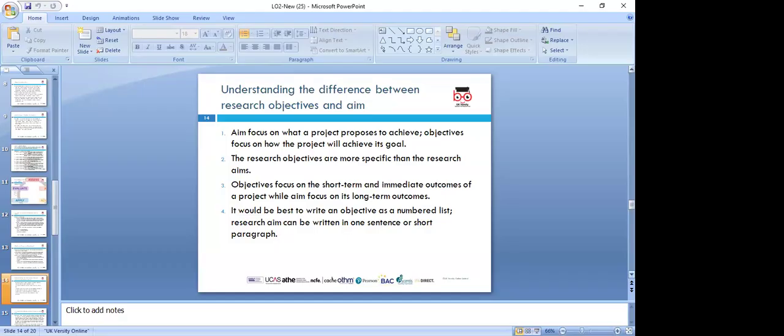So the objectives are very straight to the point, bulleted, but the aim is more generalized. Objectives focus on short-term and immediate outcomes of a project, while the aims look at the long term. It will be best to write objectives as a numbered list, bullet points, and the aim as a sentence.